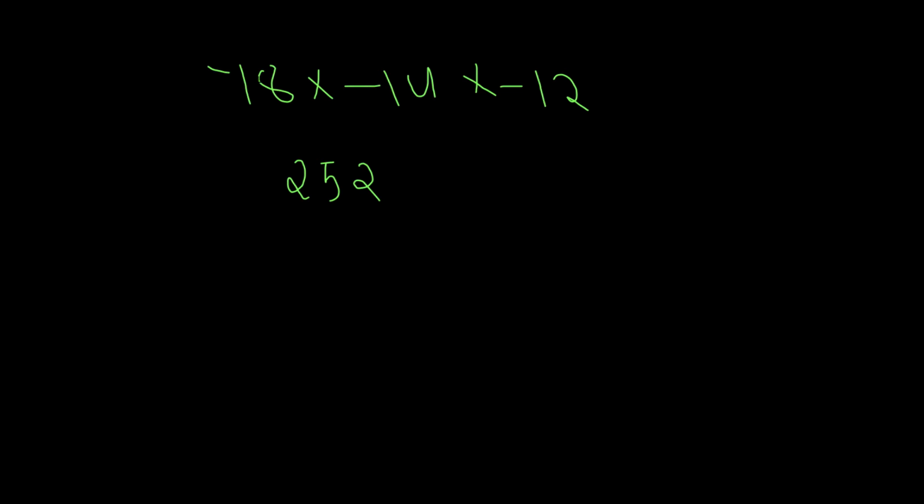So this minus minus will be plus, and now this will be multiplied with minus 12. So when you multiply with minus 12, the answer will come out to be 3024. But this 12 is having a negative sign, so this will also be negative. Minus minus plus, plus minus again minus.